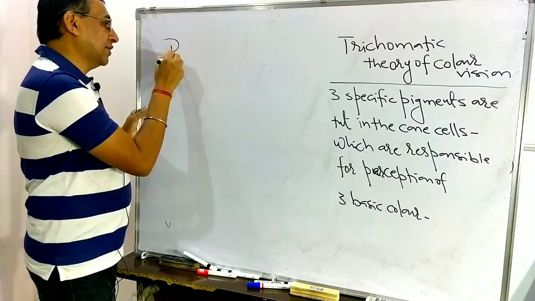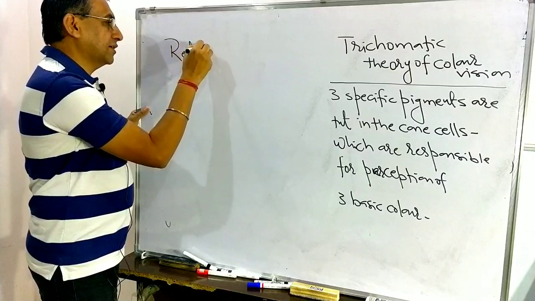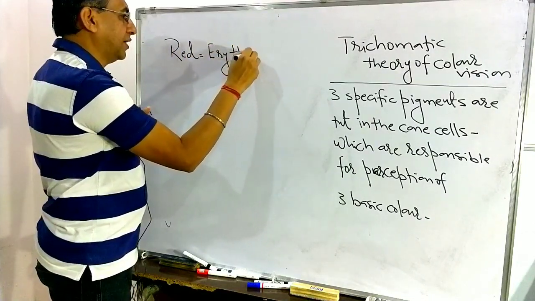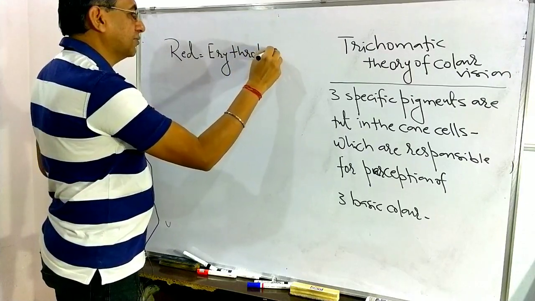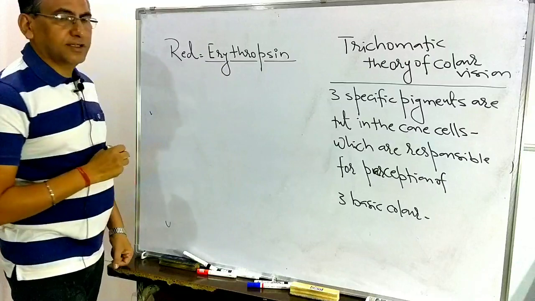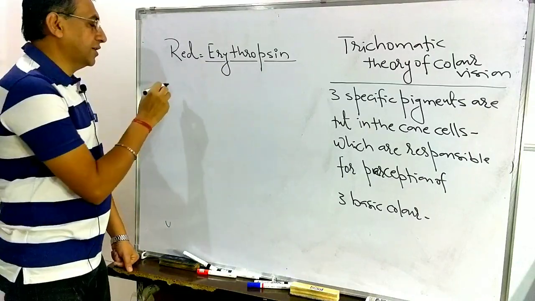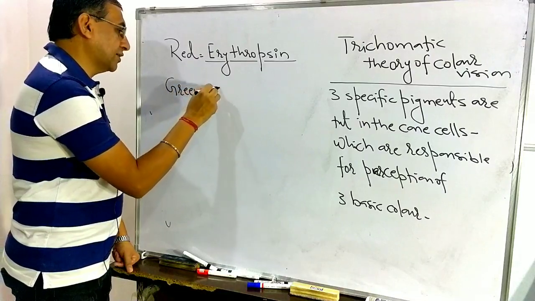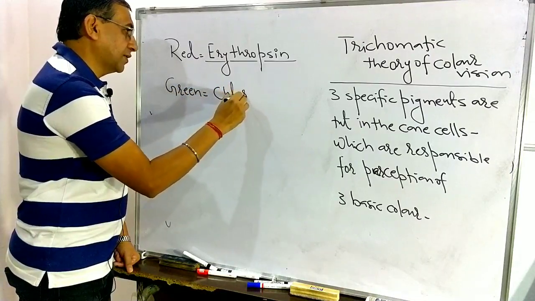For the red color, there is one pigment that is known as the erythropsin. For the green color, there is a pigment that is known as the chloropsin.